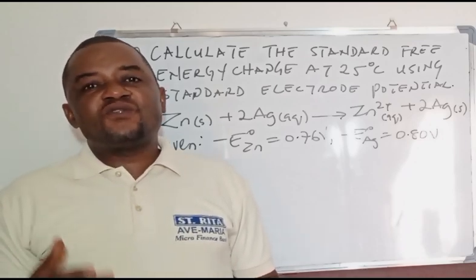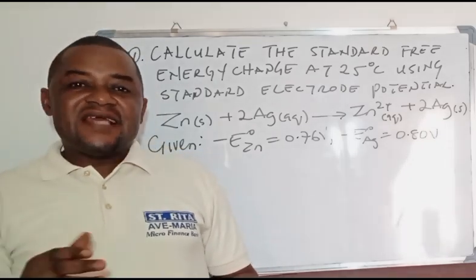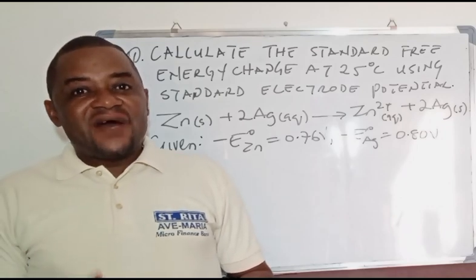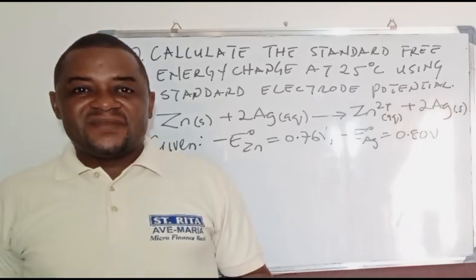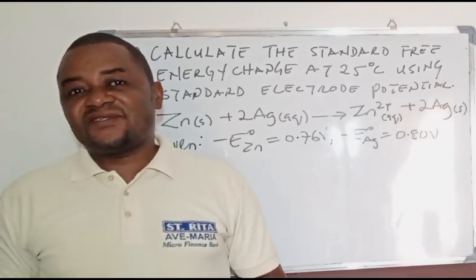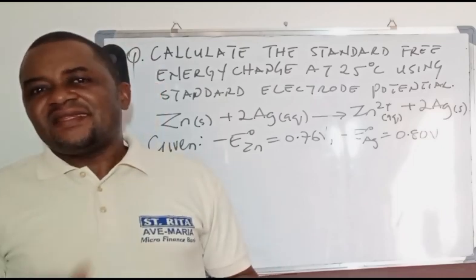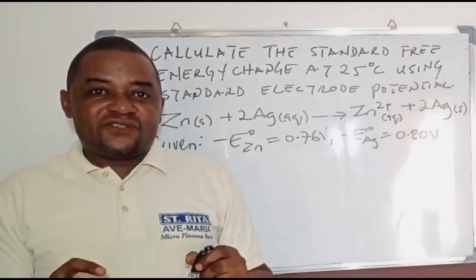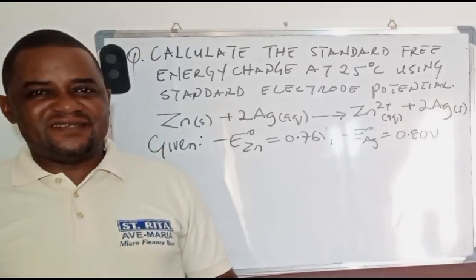If you want to measure the potential of a reaction around the electrodes, as far as all the materials that you use in that reaction are in their standard state, then that potential you will be measuring around that electrode will be simply described as a standard electrode potential.